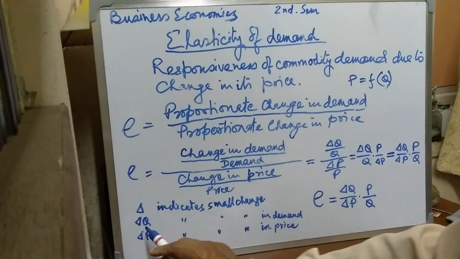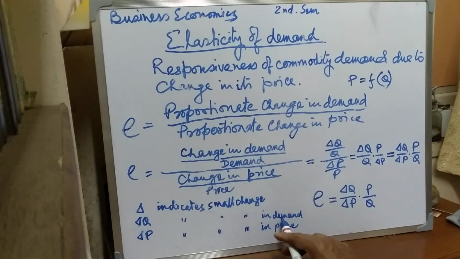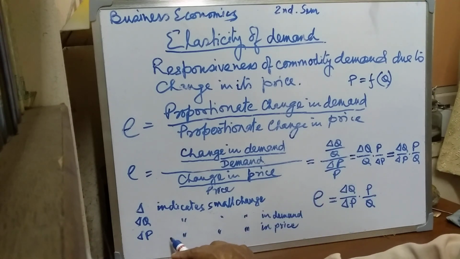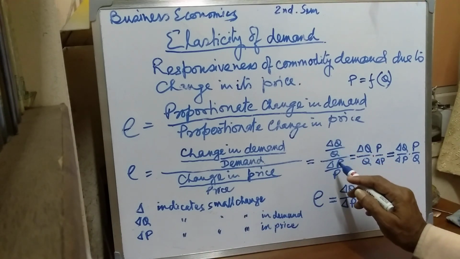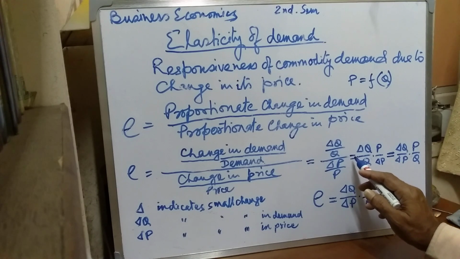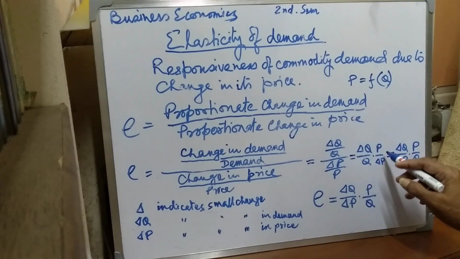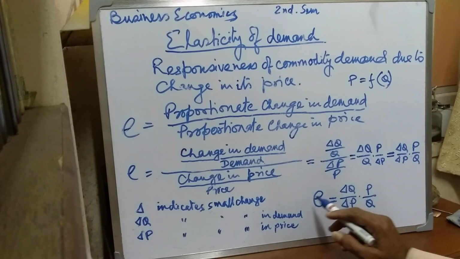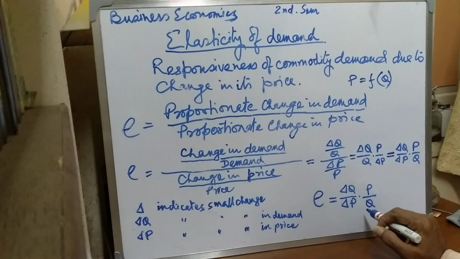Delta Q is an infinitely small change in demand, and delta P is an infinitely small change in price. So change in demand by demand, divided by change in price by price, equals delta Q by delta P into P by Q. The formula of elasticity is E equals delta Q by delta P into P by Q.